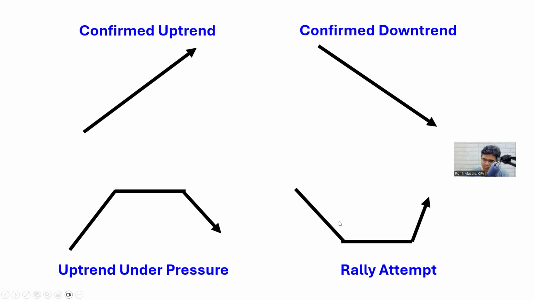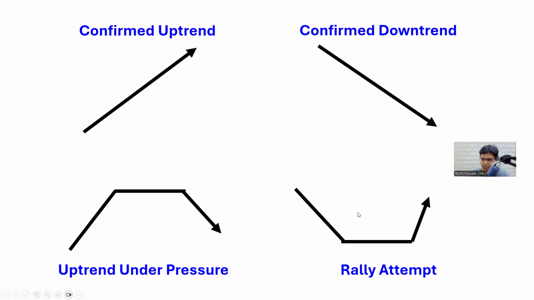Rally attempt. Well, again, why would you buy a swing stock? Why would you buy a stock which is fundamentally weak? Because you still don't have confirmation. The market condition itself is called rally attempt. It is not a confirmed uptrend. The market is attempting to rally, but let it come into a confirmed uptrend. Wait before you start buying stocks that are fundamentally weak, right?